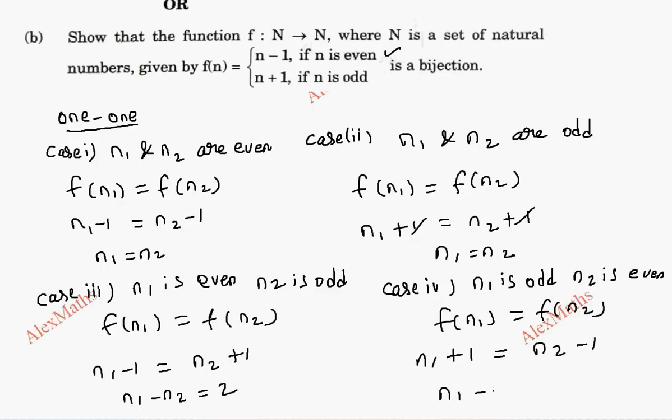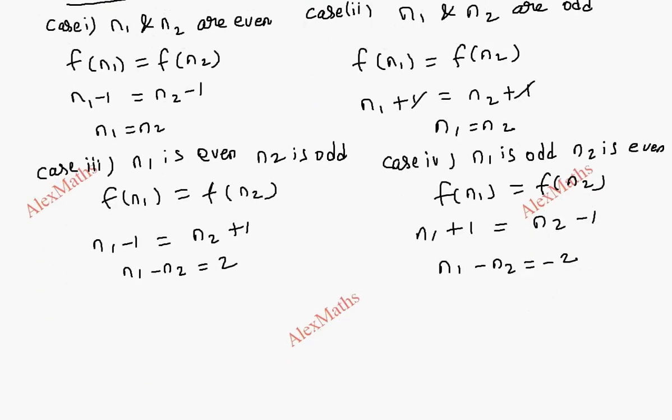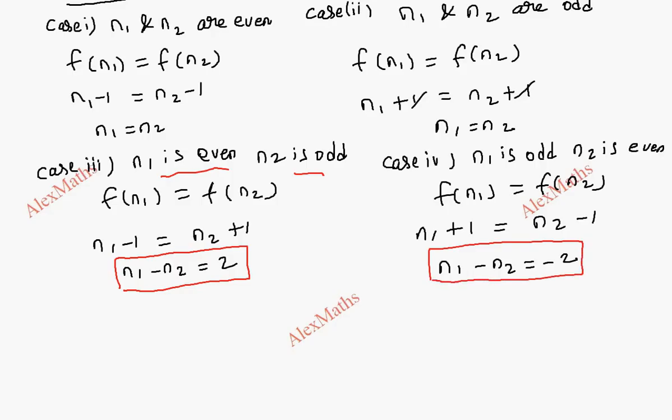So n1 minus n2 equal to minus 2. So here we notice n1 minus n2, where one is odd and another is even, the difference we are getting is even. That is the difference between odd and even, which I am getting as even, which is not possible.